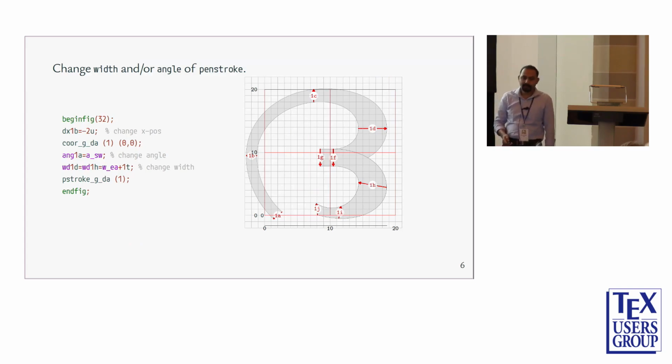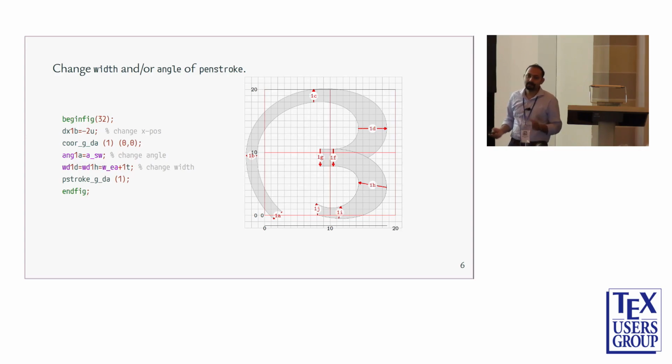Now another example is sometimes you want to change the angle or width at specific points of an already defined shape. So in this case, I would like to increase the width of 1D, which is the right point, second point from the top, and 1H. So I can simply say width of 1D equal to width of 1H equal to width east plus 1T.